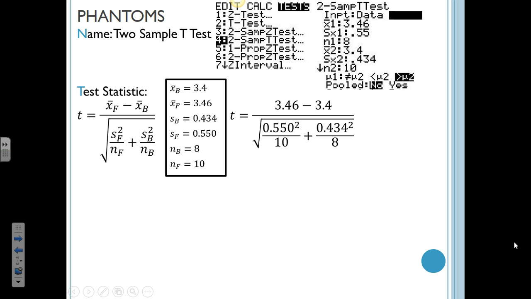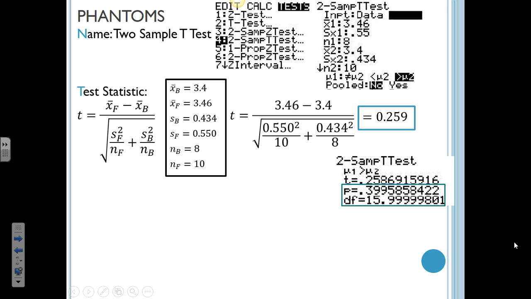So just plug in 3.46 for the first one, 3.4 for the second one, over square root of 0.550 squared over 10 plus 0.434 squared over 8. And then remember, what kind of t are you going to get for that?